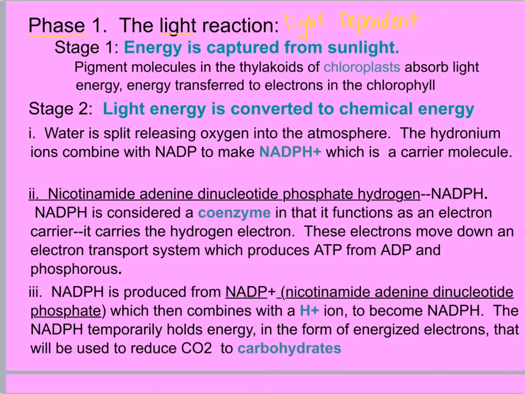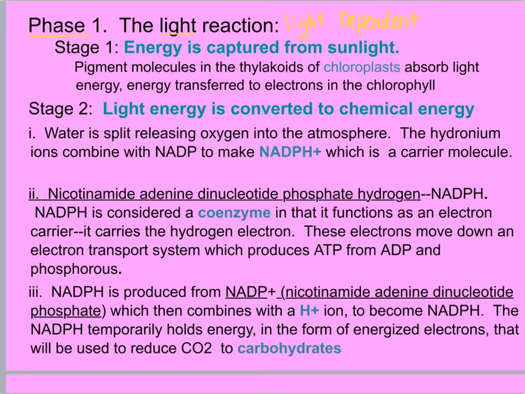So what happens first is energy is captured from sunlight. So the pigments in the chloroplast are going to absorb that light energy and they go into the thylakoids. Then that energy is transferred to that light photon. The energy is transferred to the electrons into the chlorophyll.